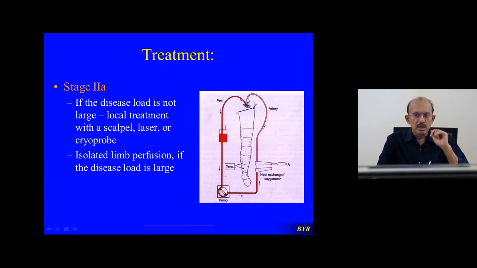So the chemotherapy drug will go into the artery, perfuse the whole limb and return again through the vein and circulate again. They will do it for about 25 to 30 minutes. With this, the whole limb gets perfused with a high dose of chemotherapeutic agent, and that will kill the tumor cells.